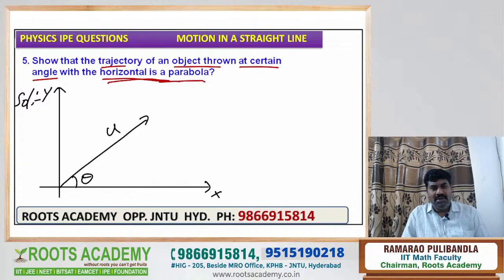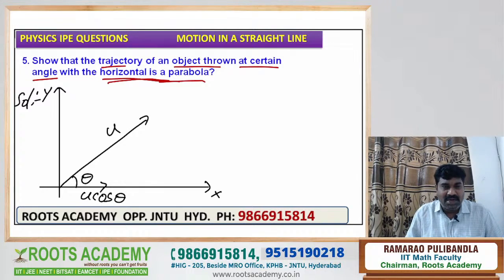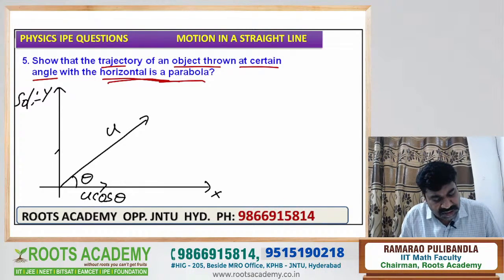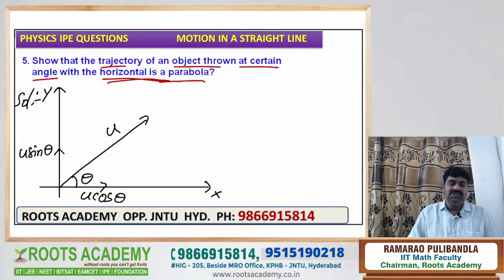Let us consider a body projected with initial velocity u at an angle theta with the horizontal. This velocity is resolved into two rectangular components. The horizontal component is u cos theta, and the vertical component is u sin theta.